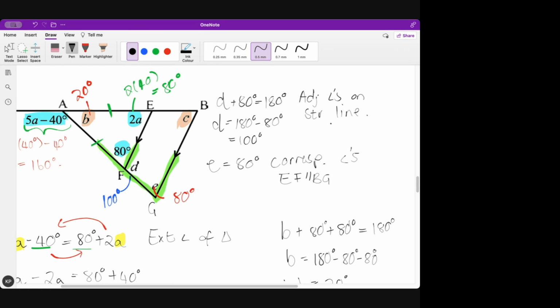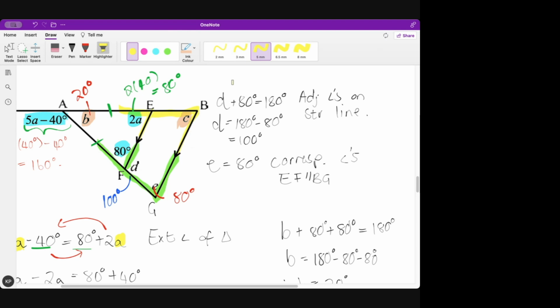We can do the big triangle again. Yes, it is 80, but what's the reason? What's the second way we can find C? Look carefully. Going up that way, and that way, and that way.